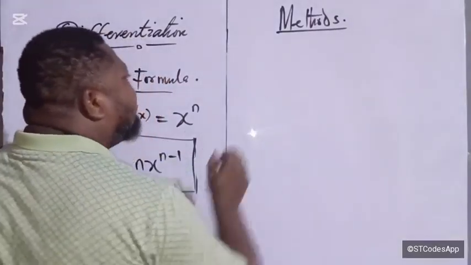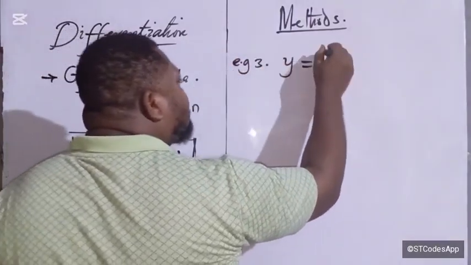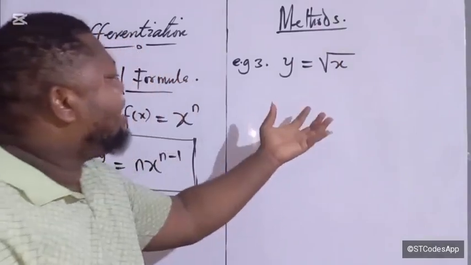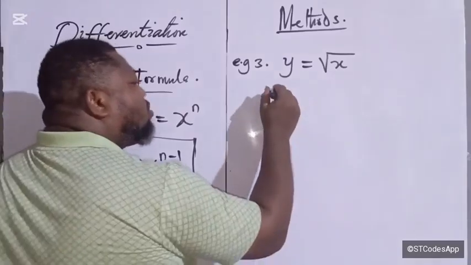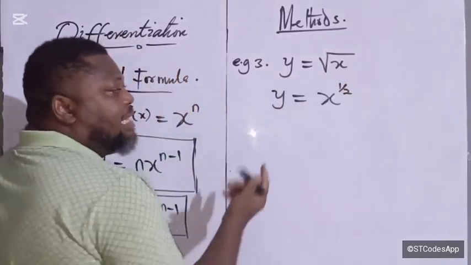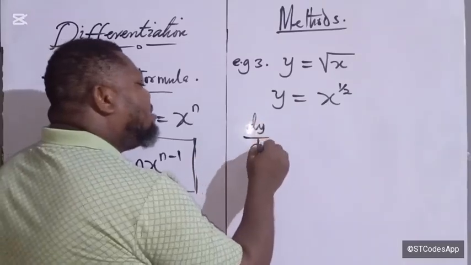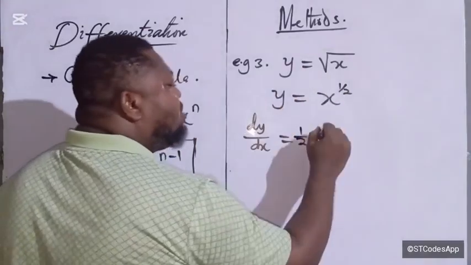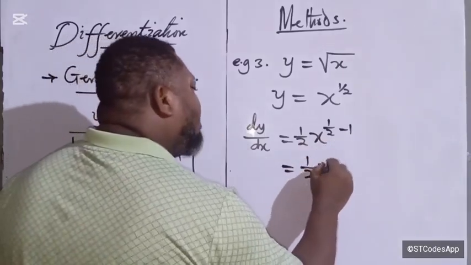Example 3: if I have y is equal to the square root of x. I can only do this one if I understand basic powers of indices. That is to say, y equals x to the power half. I turn this root to half, then I differentiate. So dy/dx is equal to half coming down, 1 over 2, then x to the power half minus 1.